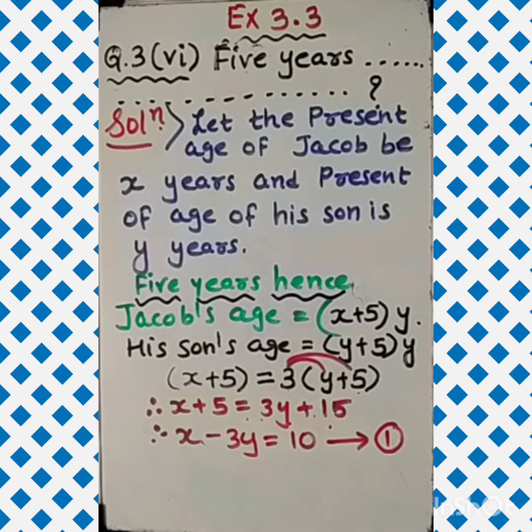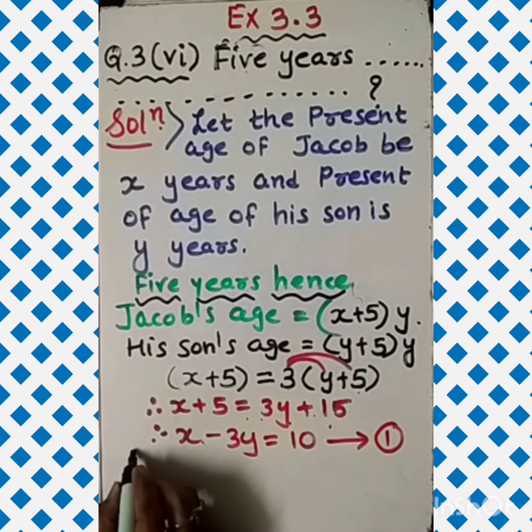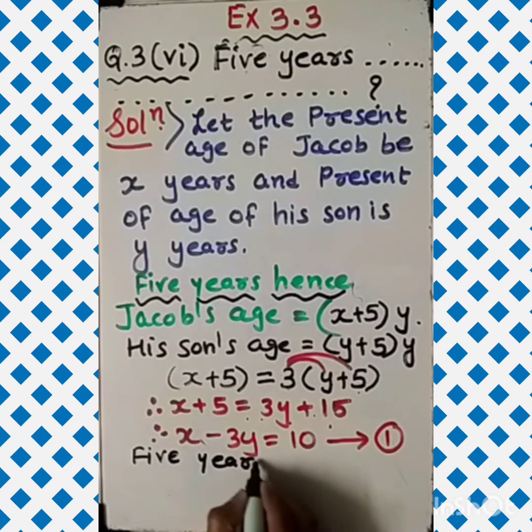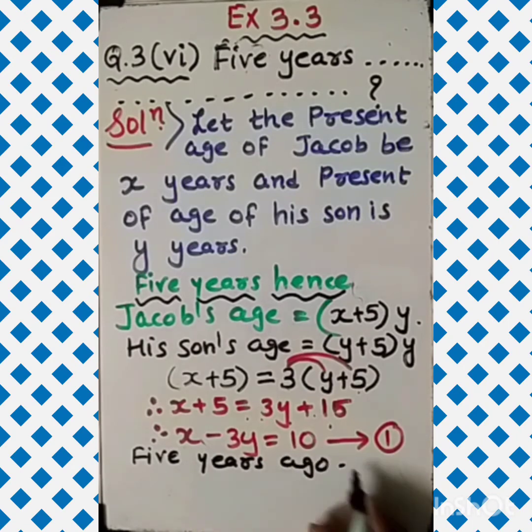Now in the next statement we are given 5 years ago. We need to find the present ages, but we are given that 5 years ago Jacob's age was 7 times his son's. For that we need to give the heading 5 years ago. What is the meaning of this?